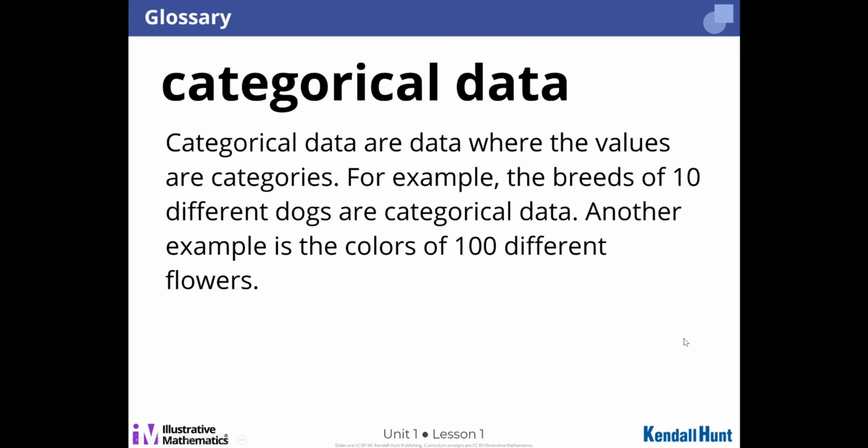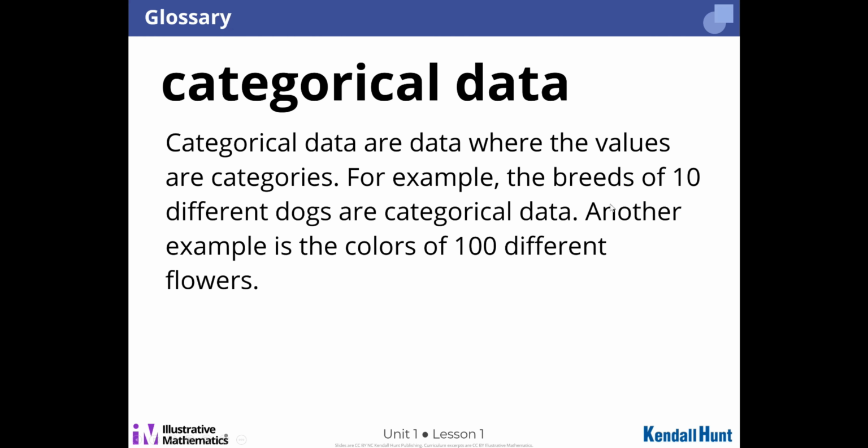Our vocabulary for today. Categorical data are data where the values are categories. For example, the breeds of 10 different dogs are categorical data. Another example is the colors of 100 different flowers. You can't count breeds of dogs. You can't count colors.